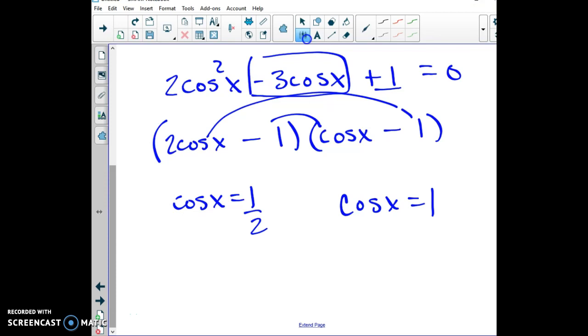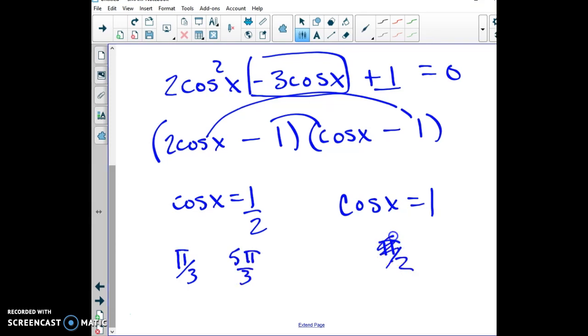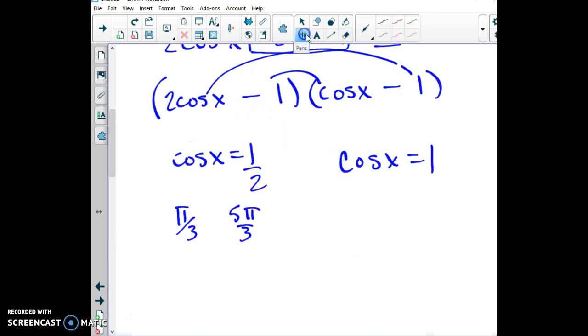We know that that's going to take place at pi over 3 for cosine x equals 1/2, and 5 pi over 3. And we know that cosine x is equal to 1 at x equals 0.